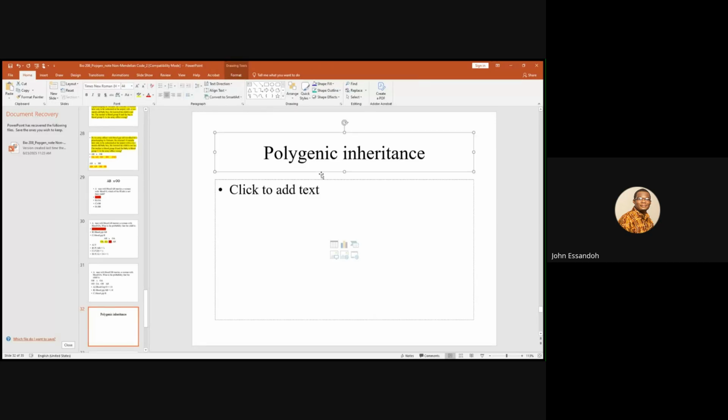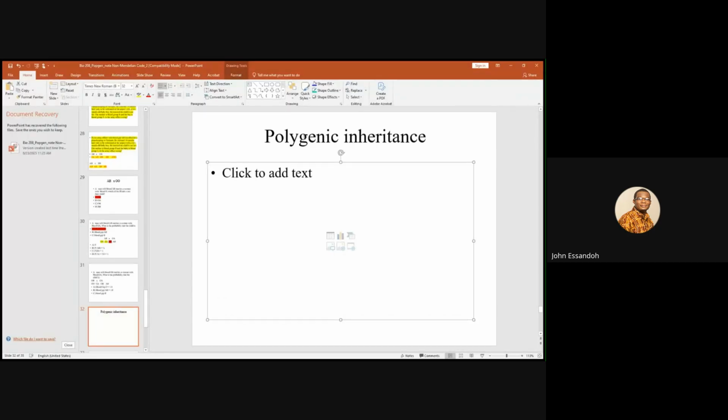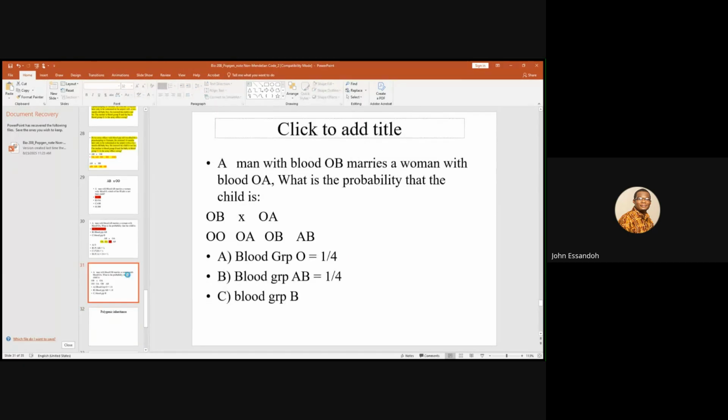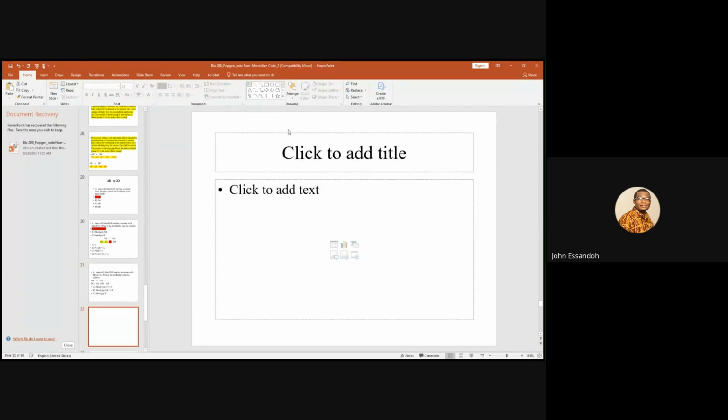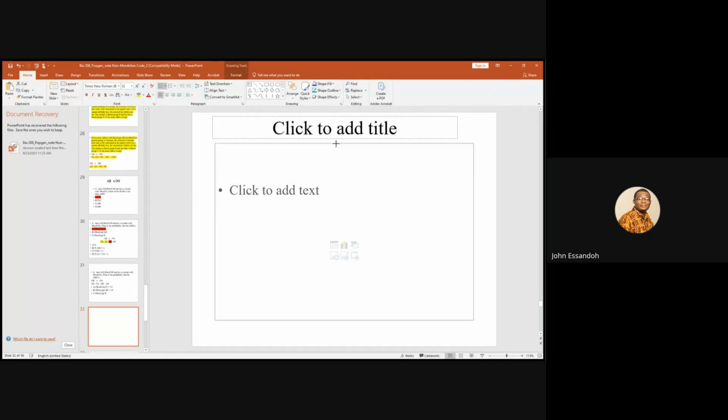All right, so we're going to talk about polygenic inheritance. And as the name implies, we are talking about polygenes. According to Mendel, in Mendelian genetics, we expect that there is one gene. Let's say it is height.